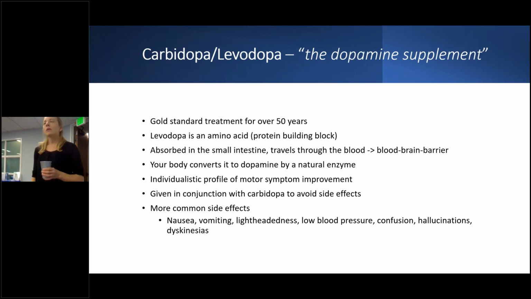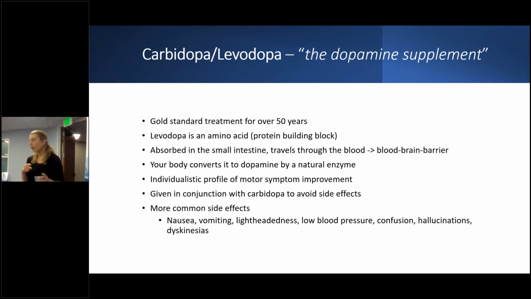So levodopa is an amino acid, which means it's a protein breakdown product. Amino acids are absorbed naturally in the small intestine. That's where, when we eat a hamburger, for example, our small intestine will absorb the broken down product, amino acids, and that will go throughout the body for digestion, right?